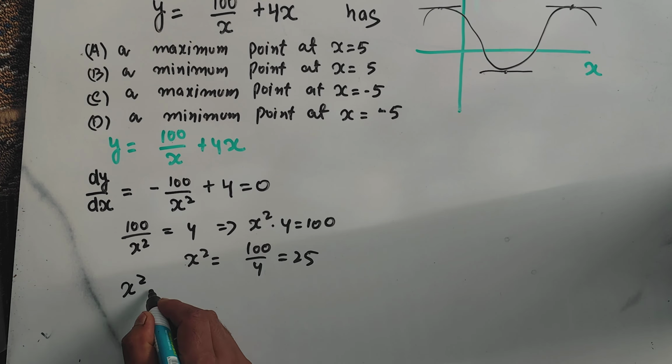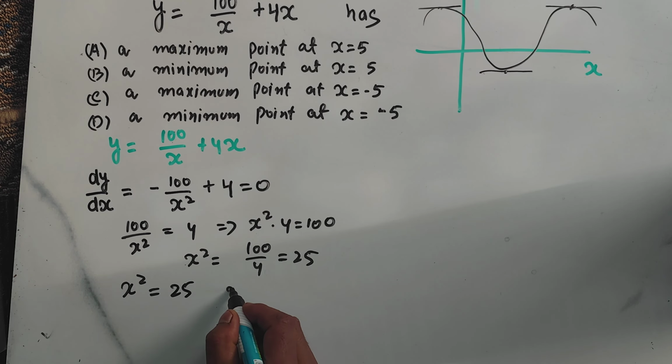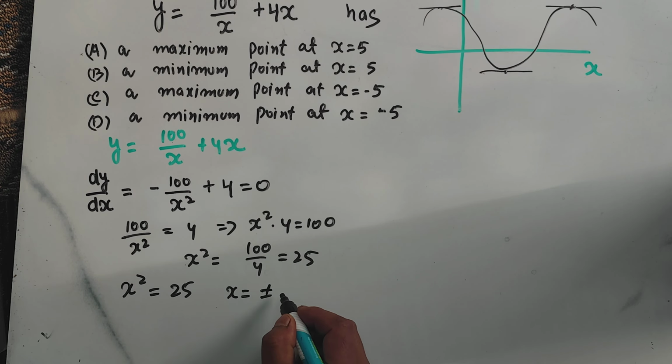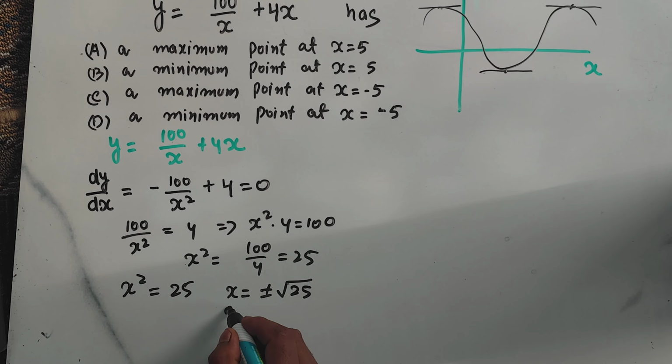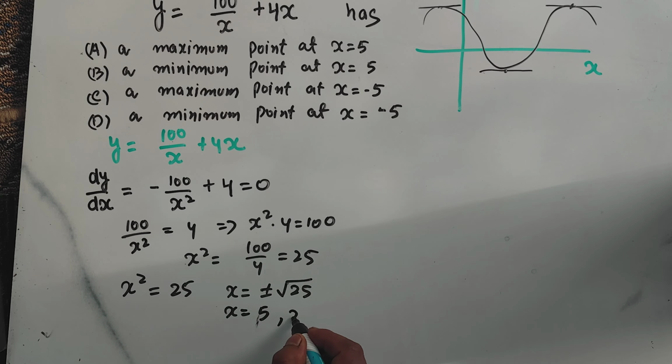So x will be equal to plus or minus the square root of 25, that is x is equal to plus 5 or x is equal to negative 5. So we got 2 points where the slope is equal to 0.